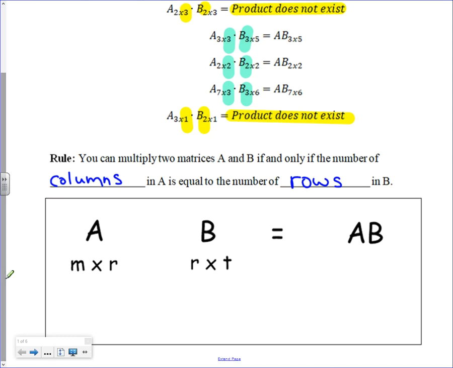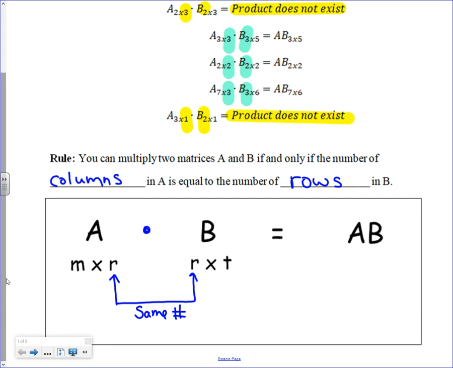So if you got two matrices, A and B, and you want to multiply them together to get AB, what has to be true is the number of columns in A has to match the number of rows in B. So these have to be the same number.